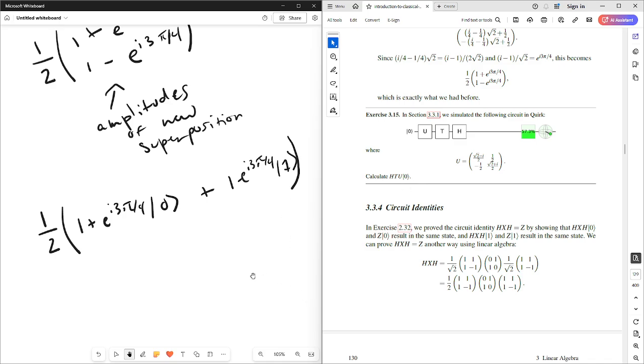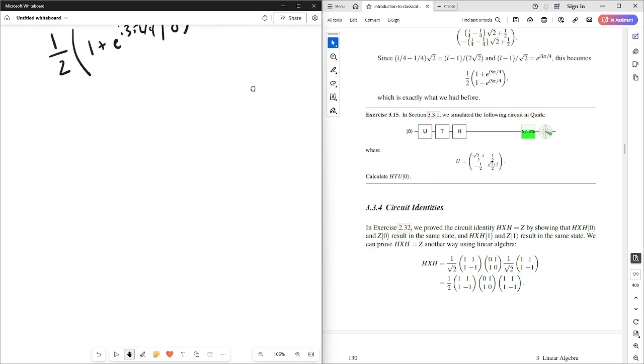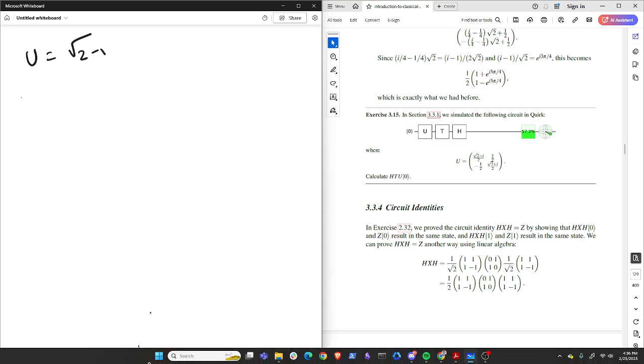Okay, let's work through 3.15 as another example. This time using a custom U-gate with some values that we haven't used before. So U is equal to, oh, I think I made this mistake when I first did this problem.